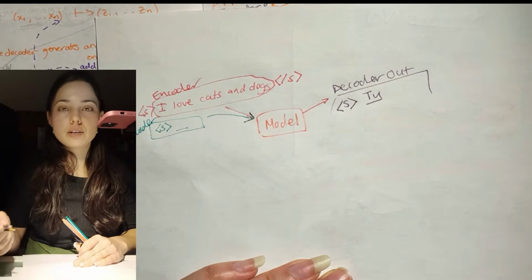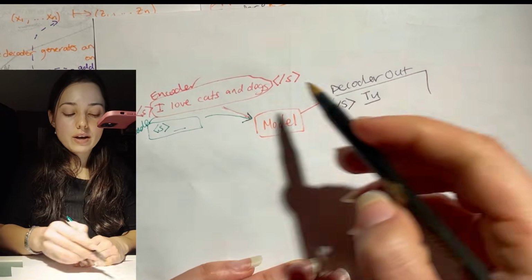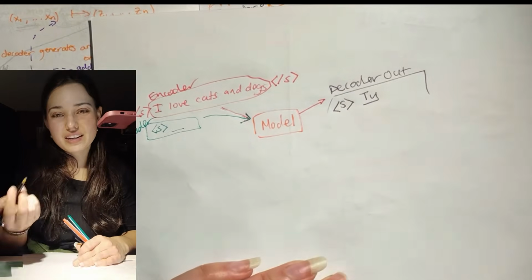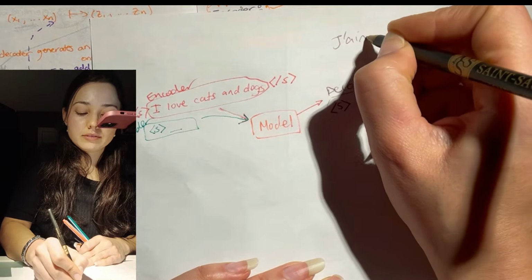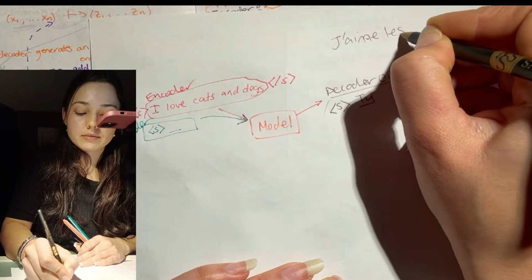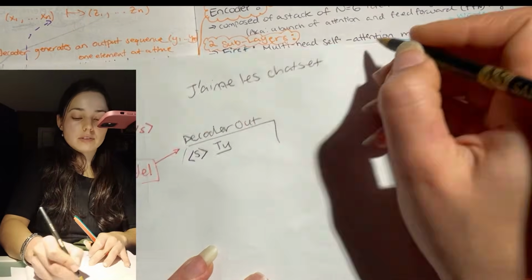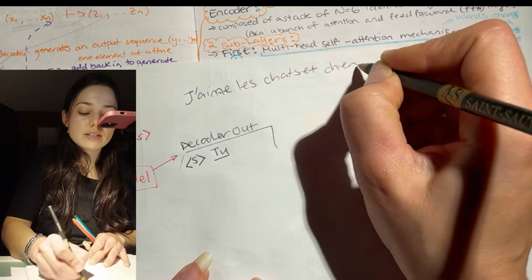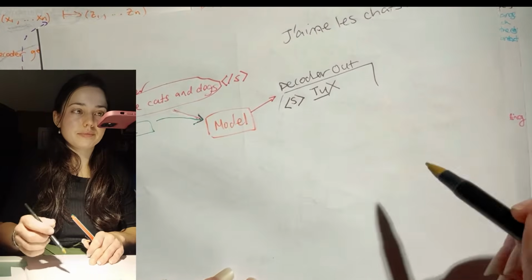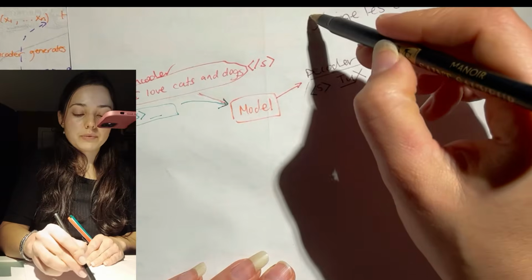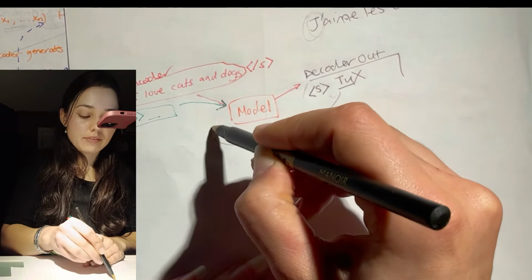So tu means you in French, but we're actually trying to translate I. Well, we know that the first value is actually supposed to be j'aime les chats et chiens. So this is our result. So we know that this is wrong, but this is the right answer, so we're actually going to send the right answer in next time.